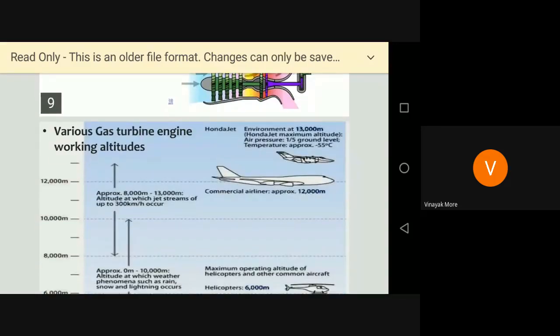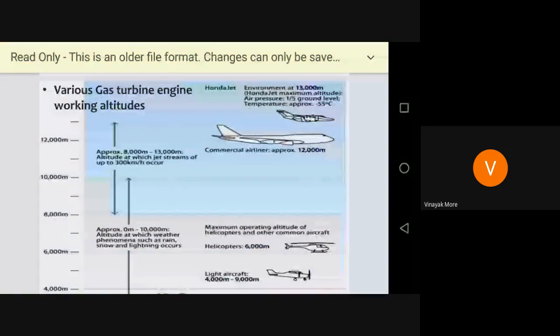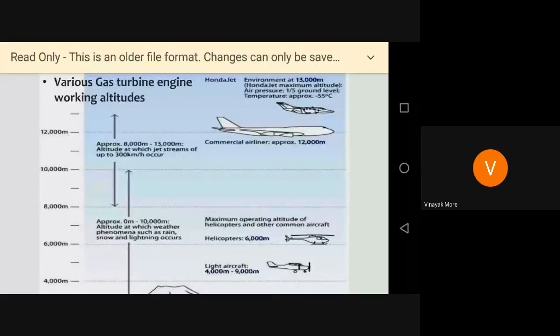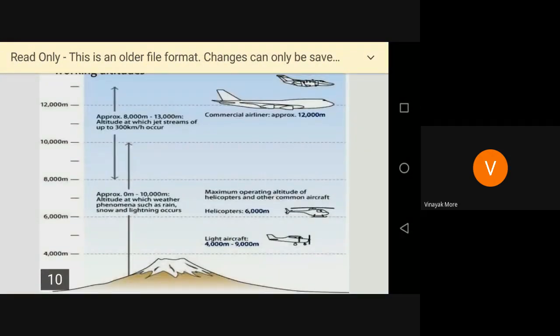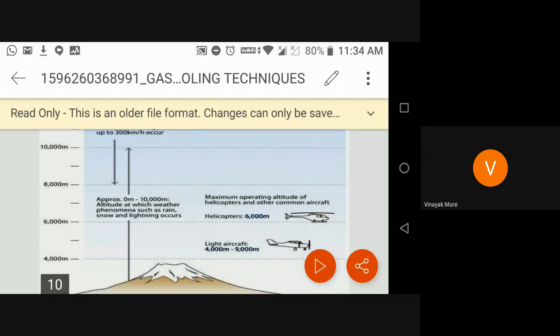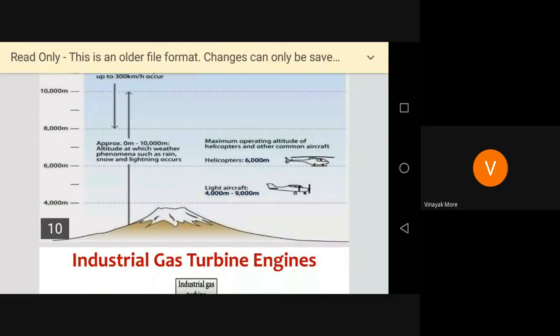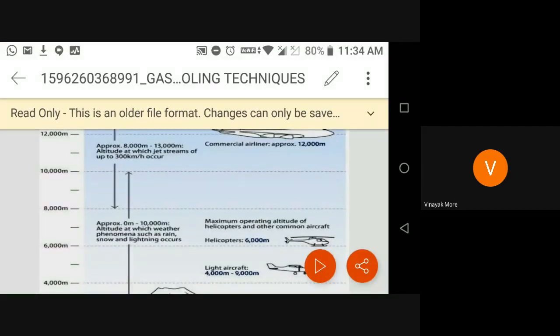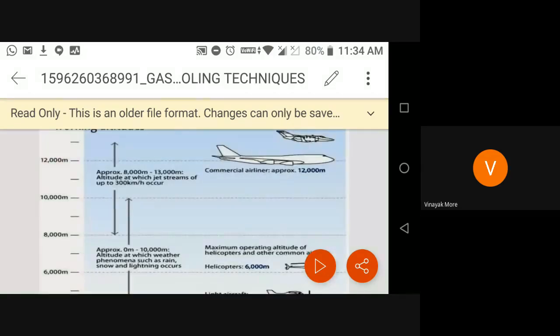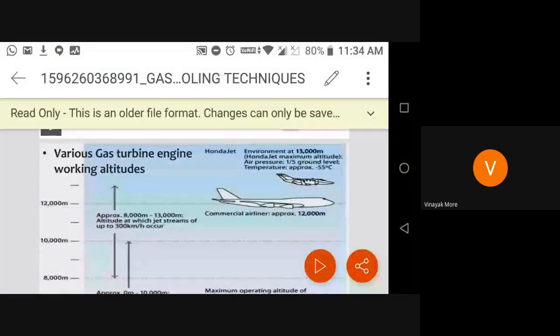Next you can see at which altitudes these turbines can work. Here at the left side I have shown the altitude from the ground, from 4 kilometers up to around 12 kilometers.